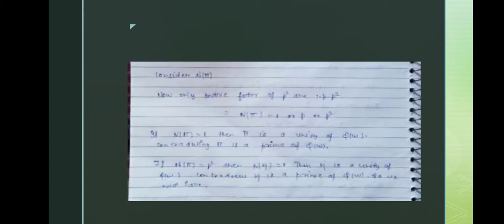Consider N(π). Now the only positive factors of p² are 1, p and p², which implies N(π) equals 1, p or p². If N(π) equals 1, then π is a unity of Q(ω), contradicting π is a prime of Q(ω). If N(π) equals p², then N(η) equals 1.